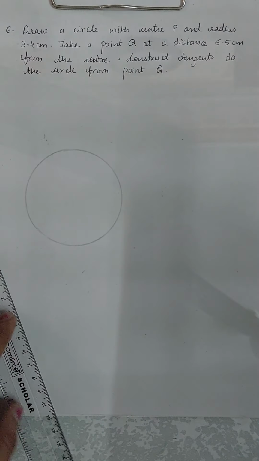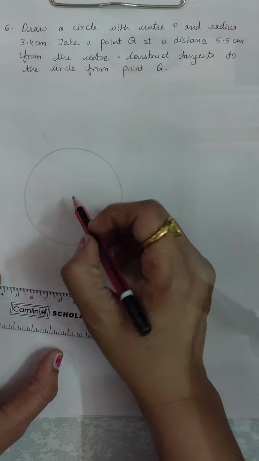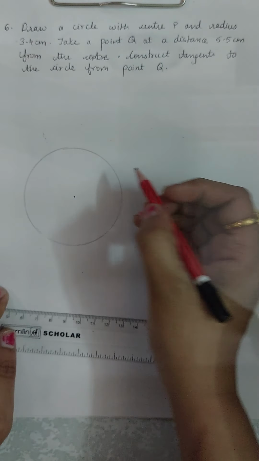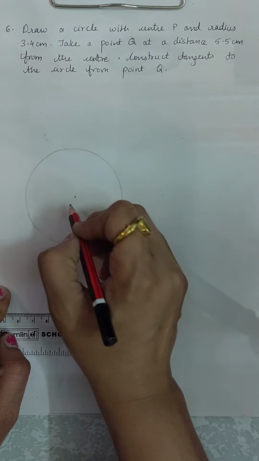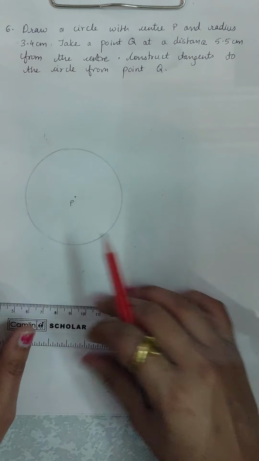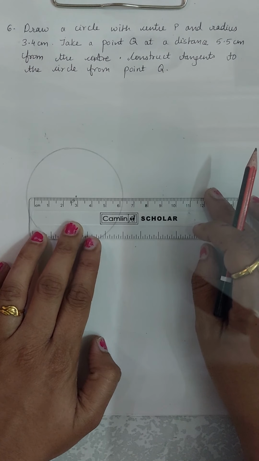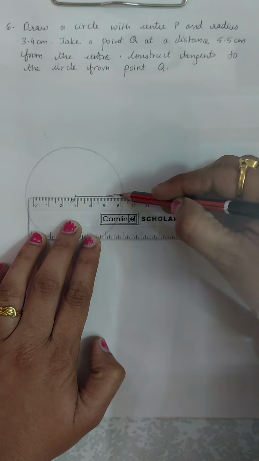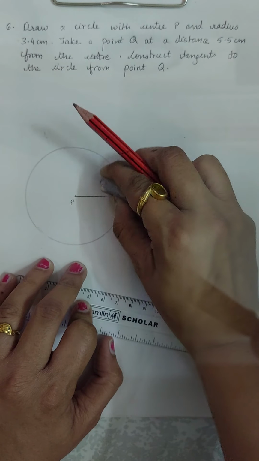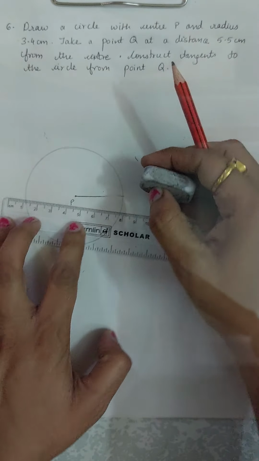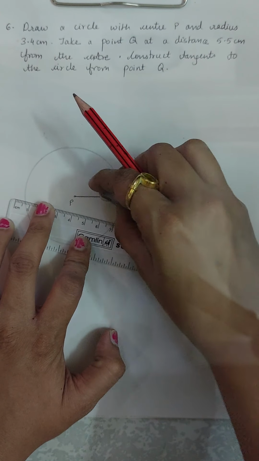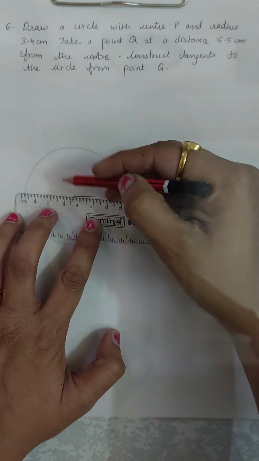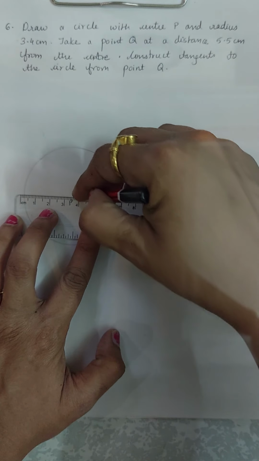This is 3.4. You take this center here. We name it as center P and radius 3.4. So this is my radius 3.4. So I draw this radius 3.4 here.